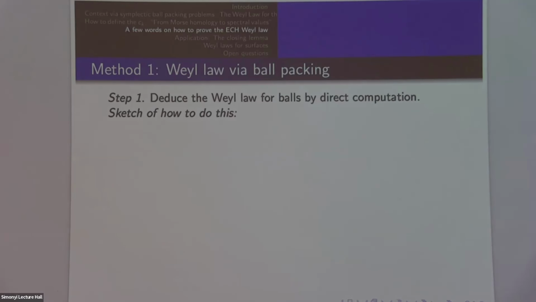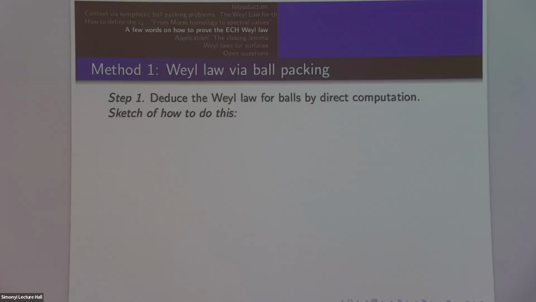Thank you. Okay. So basically what I want to say is you have two methods, and they each have their advantages. Method one has the advantage that it's actually quite easy to understand, and it's quite analogous to what was actually done by Weyl in the 1911 paper.